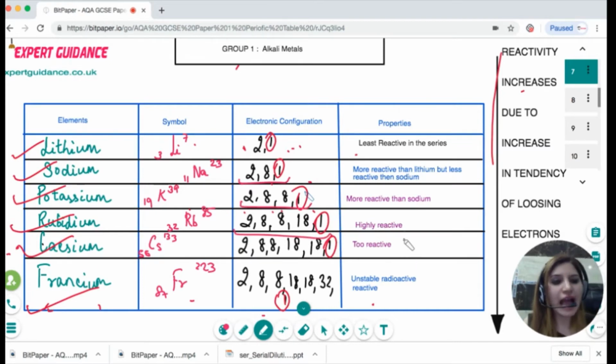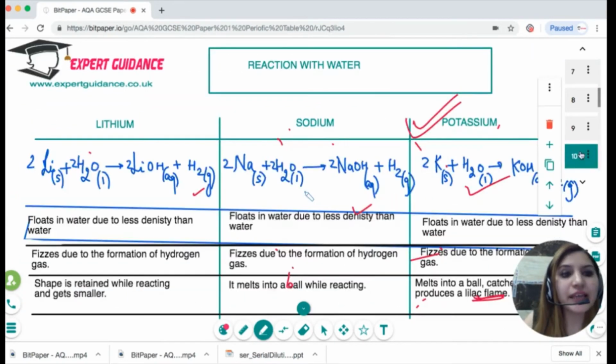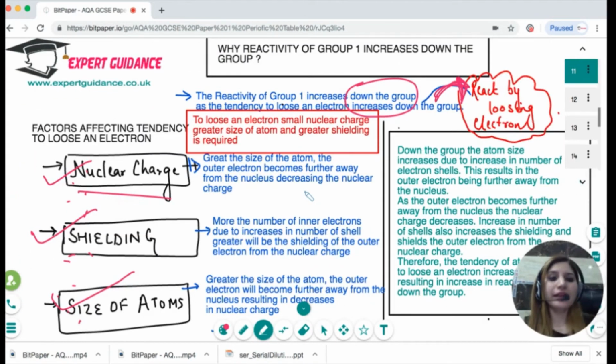So there are more electrons that are being added. So the atom is getting bigger in size. As the atom is getting bigger in size, the outer electron is getting further away from the nucleus, so the nuclear charge decreases. The inner electrons are shielding the outer electron from whatever nuclear charge is present, and the bigger size of the atom is also decreasing the nuclear charge.